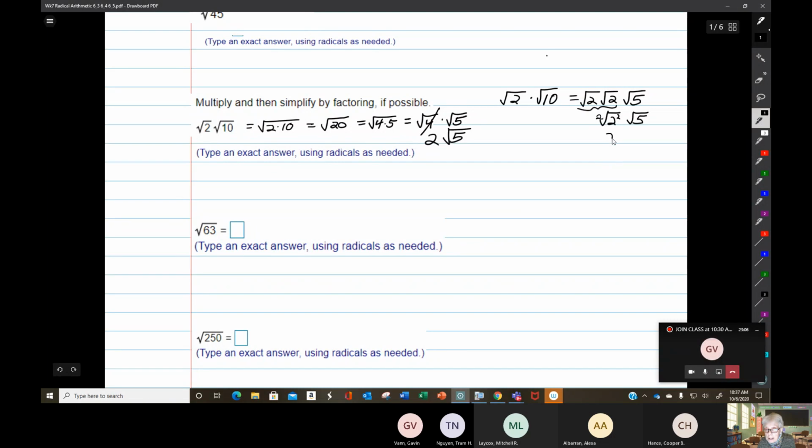So we'll have 2 to the 2 over 2 times the square root of 5. Using that rule we talked about yesterday, 2 over 2 is 1. So this is 2 to the 1, which is 2 times the square root of 5. That's another way you could have done this.